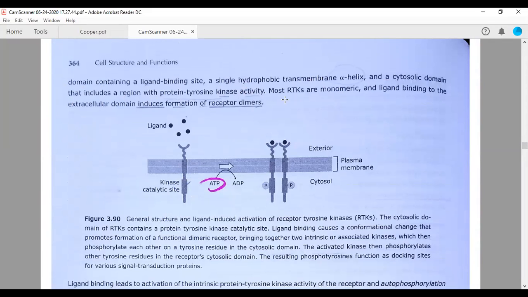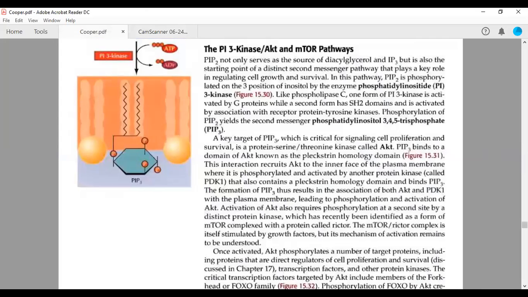With the help of ATP, they will transfer the gamma phosphate from ATP to the tyrosine residue. So they will do autophosphorylation or cross phosphorylation of these domains, and then they will do some phosphorylation outside this particular catalytic domain, so that they can create binding sites for some of the proteins which have either an SH2 domain or a PTB domain, phosphotyrosine binding domain.